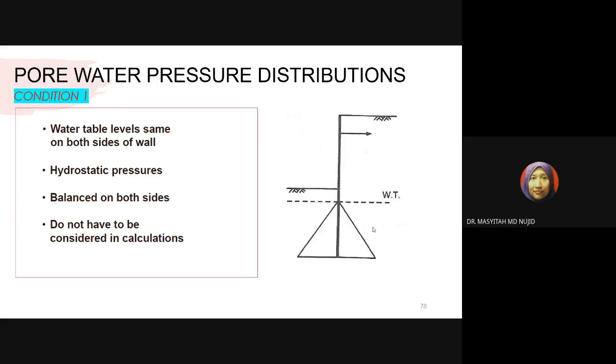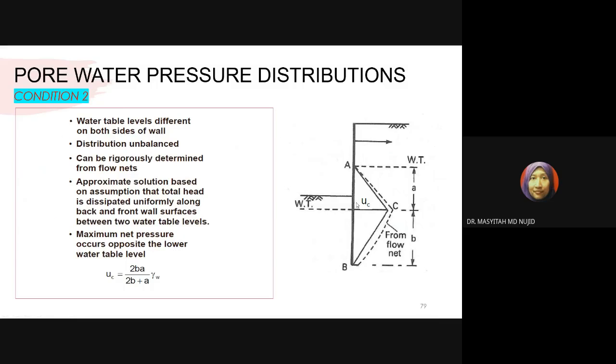For these conditions, the hydrostatic pressure is similar for both sides, in front and back of the wall. Therefore, we can cancel out the hydrostatic pressure. It means that we do not include it in the calculations. So it will be simplified for condition 1, where the water table is at the same level.